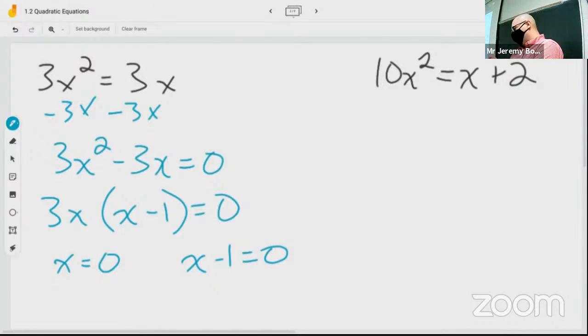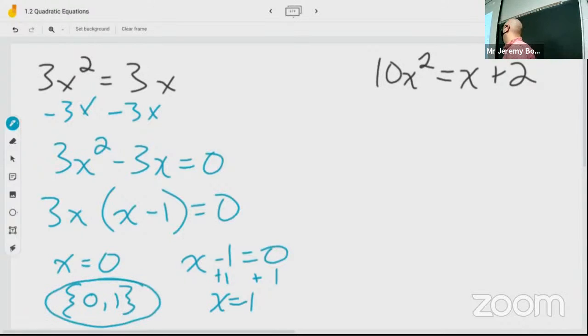And then this one's solved already. x is equal to 0. This one we're going to add 1 to both sides, and we'll get x is equal to 1. And so our solution set is going to be 0, 1. Well, the set containing 0, 1 would be the proper way to say it. Any questions on that?